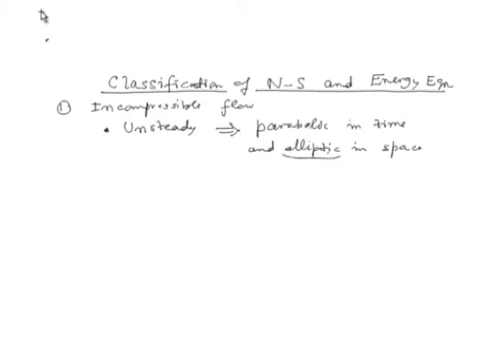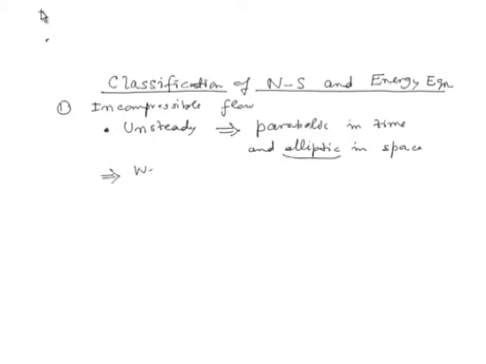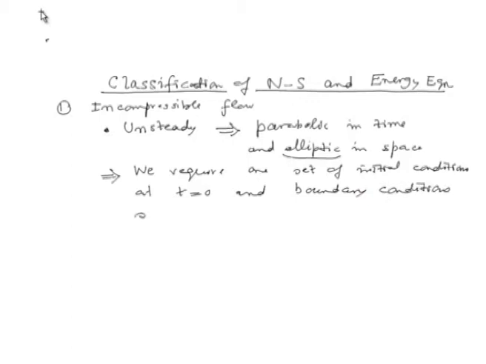Now, this elliptic nature in space comes because of the presence of the second derivative with respect to x on the right hand side of both Navier-Stokes and energy equations, and the consequence is that we require one set of initial conditions at t equal to 0 and boundary conditions specified everywhere on the CV boundary for t greater than 0.